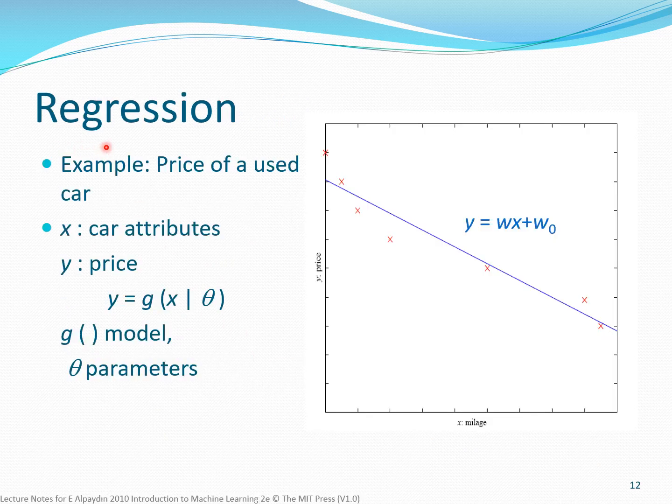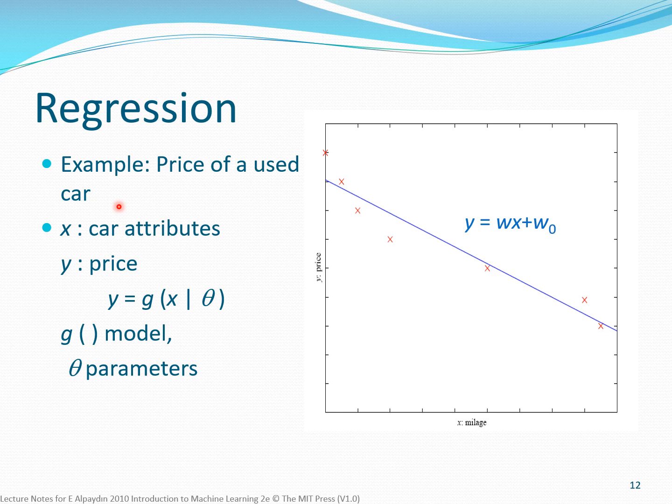Now, moving towards regression. Let us say we want to have a system that can predict the price of a used car. Inputs are the car's attributes, that is brand, year, engine capacity, mileage, and other information that we believe affects a car's worth. The output is the price of the car.